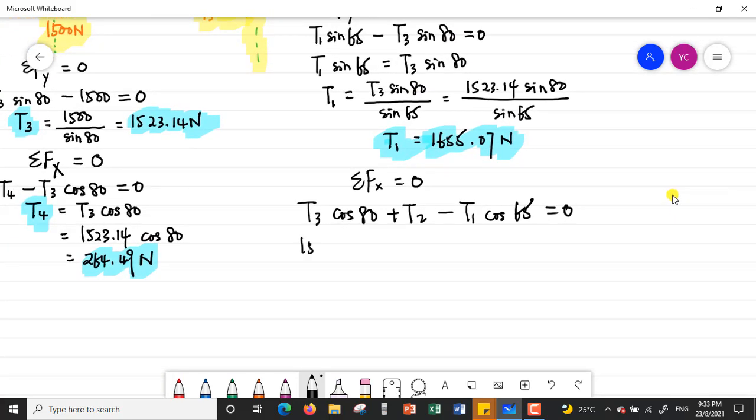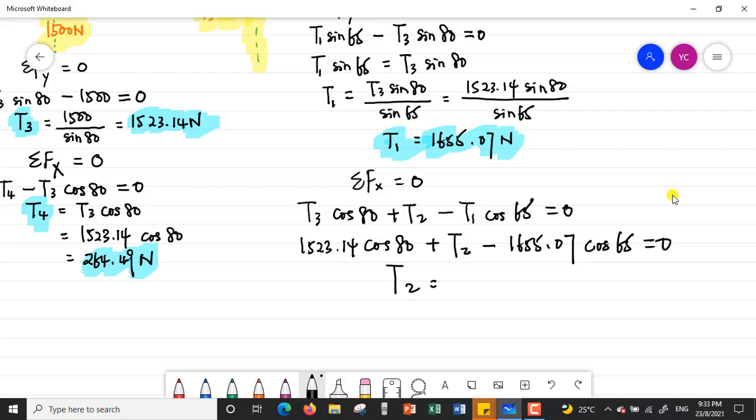T3 adalah 1523.14 cos 80 plus T2 minus T1, nilai ni 1655.07 cos 65 equal to 0. Nampak?